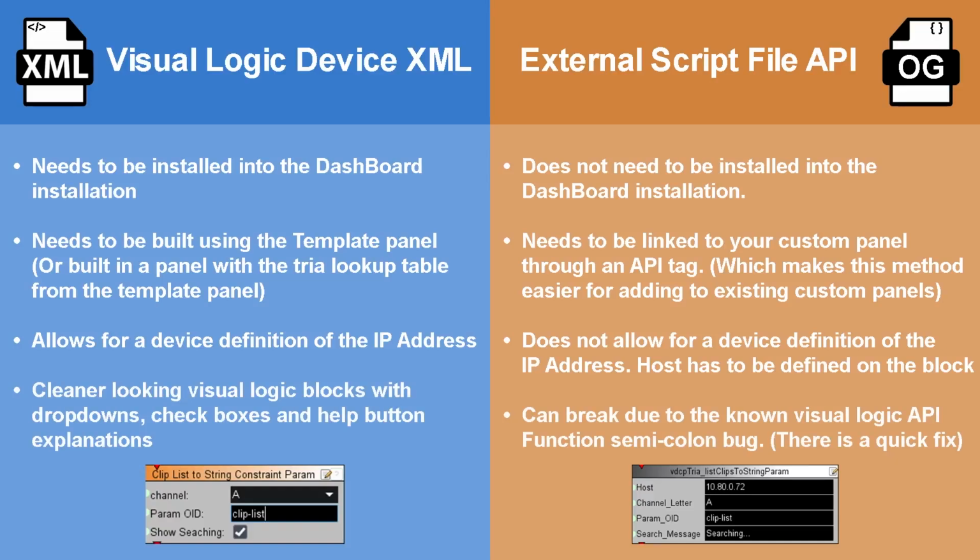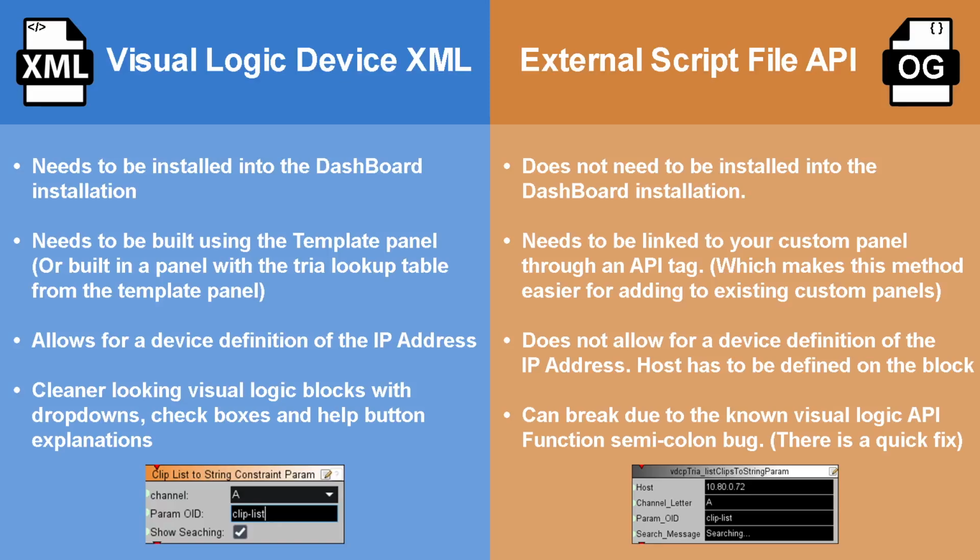Last but not least, with the Device XML method, you get a much cleaner looking Visual Logic block with drop downs, checkboxes, and even help buttons for explanation on how this Visual Logic block works. When you look at the example of the external script file here, you can see that you just don't get all that functionality. You get a simple Visual Logic block with some type-in text entry boxes that you can fill out.